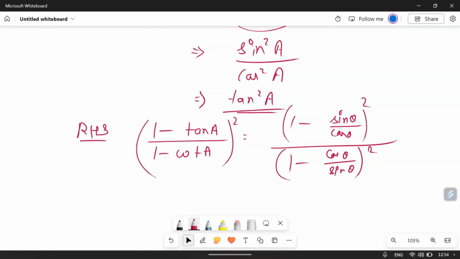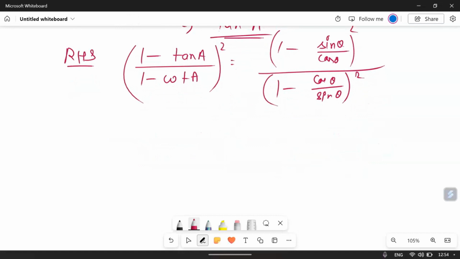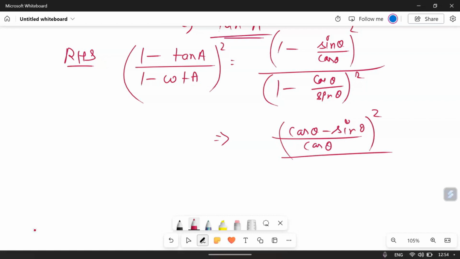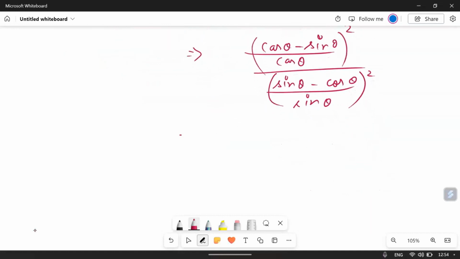Now what we need to do here, we need to take the LCM. So cos theta is the LCM, so cos theta minus sin theta whole square divided by, here we take the LCM sin theta, so sin theta minus cos theta whole square. Okay, we can separate the squares.